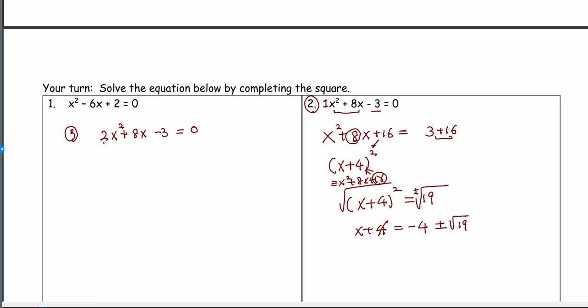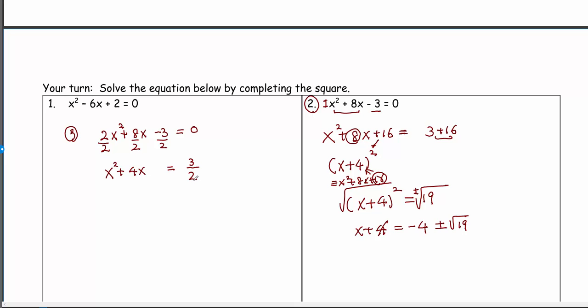When you have a coefficient 2, we have to make it 1. Always the coefficient of x squared should be 1. So you need what? Divide by 2, divide by 2, divide by 2. So what is that? x squared plus 4x, and negative 3 over 2, separate. Positive 3 over 2, isn't it?